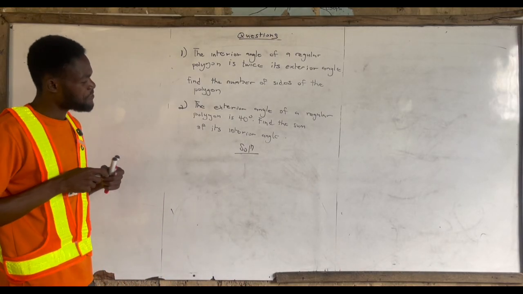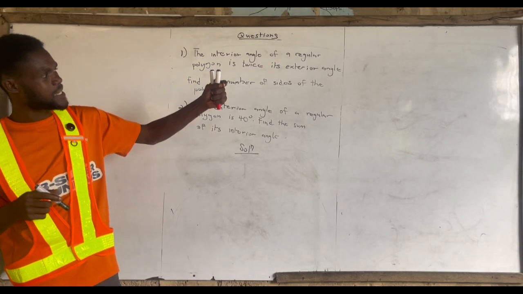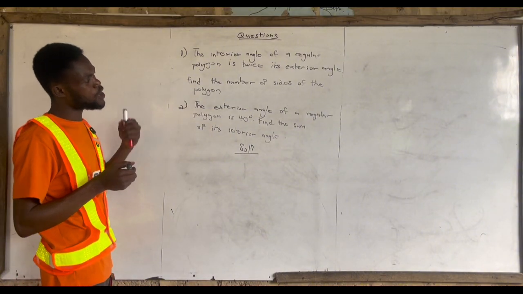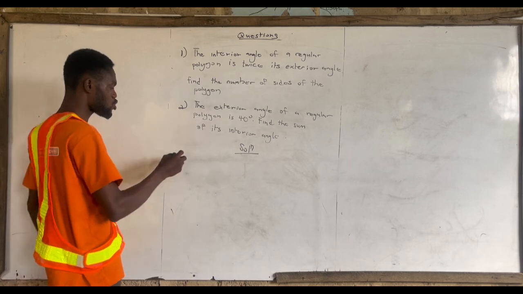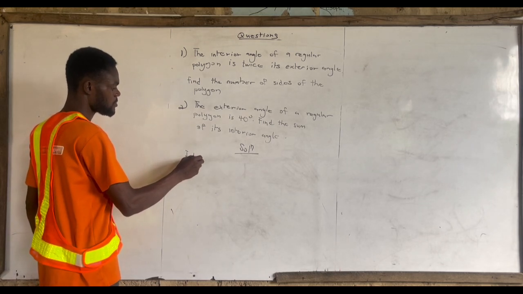Okay, the first question: the interior angle of a regular polygon is twice its exterior angle. Find the number of sides.